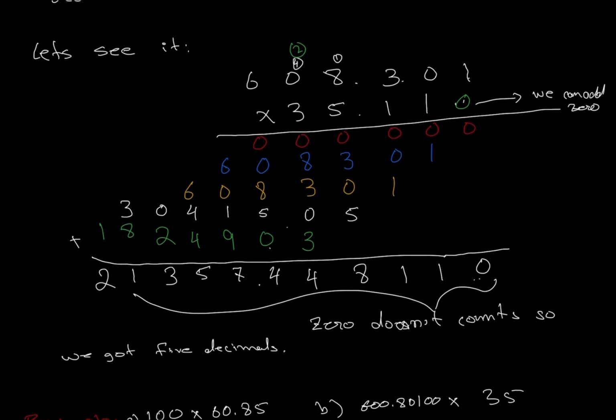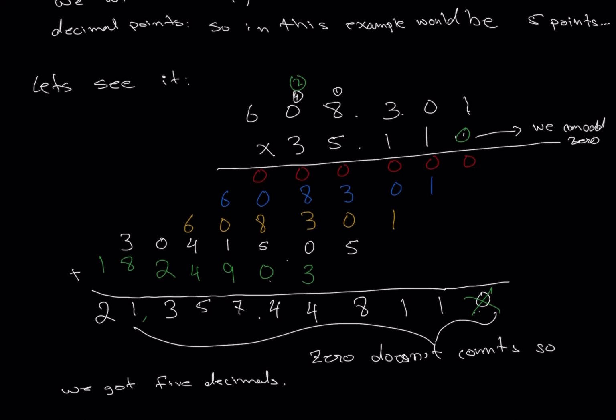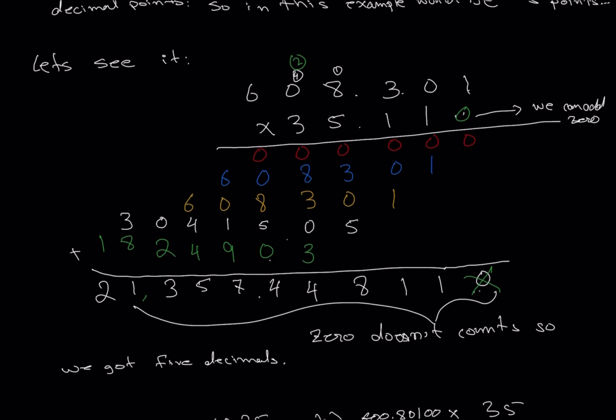The final product after addition is 21,357.448110. This last 0 doesn't count, so it will be 21,357.44811. So this is our final product as a decimal number.